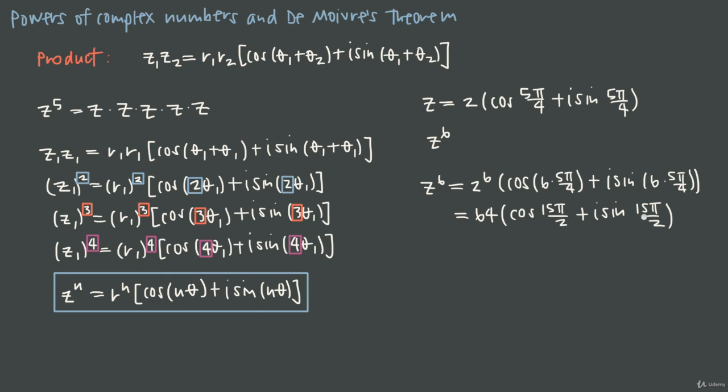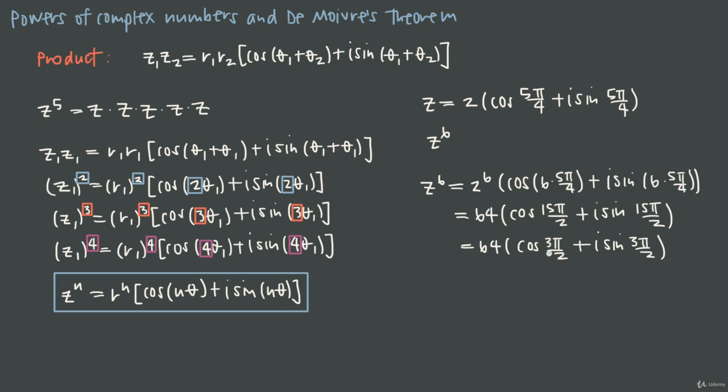Now we could leave the answer in this form, but it's nice to give an angle that's in the interval 0 to 2 pi, the principal angle. 15 pi over 2 is 7.5 pi, that's outside of 2 pi. So if we find the coterminal angle with 15 pi over 2 that's in that interval, it's going to be 3 pi over 2. And so we could write this as 64 times cosine of 3 pi over 2 plus I sine of 3 pi over 2.